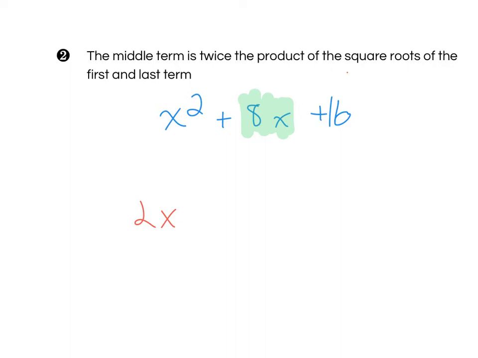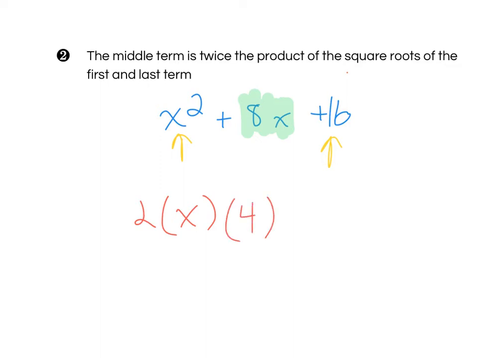So what was the square root of the first term? Well, the square root of x squared is x. So I'm going to say 2 times x, and then the square root of my last term, which was 16, is 4.